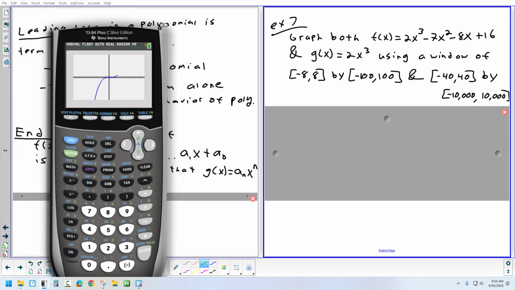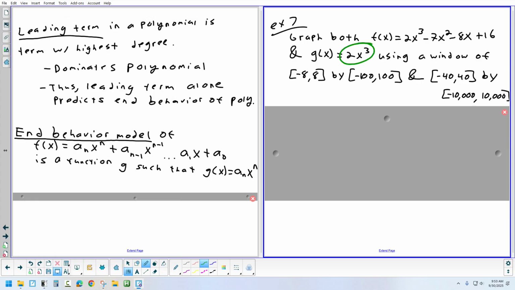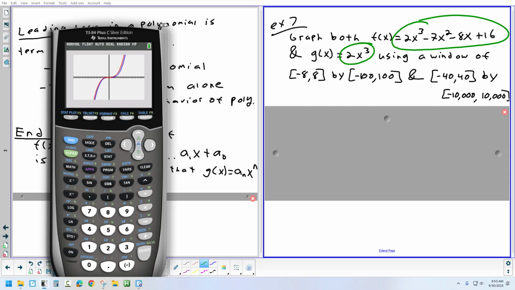So there's the original, and here's the end behavior model. How do they compare now? Yeah, they're pretty close. They look pretty close, right? This basically looks exactly the same as that. All those other terms aren't even making a difference if you zoom out enough and look at the big picture.